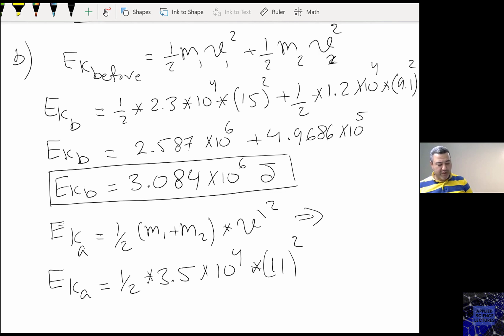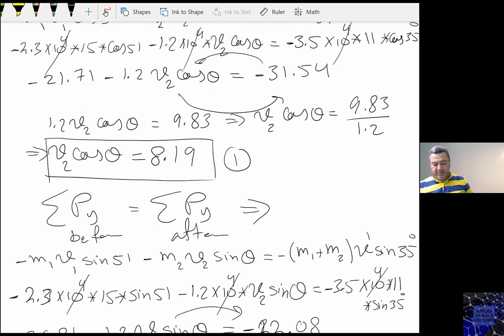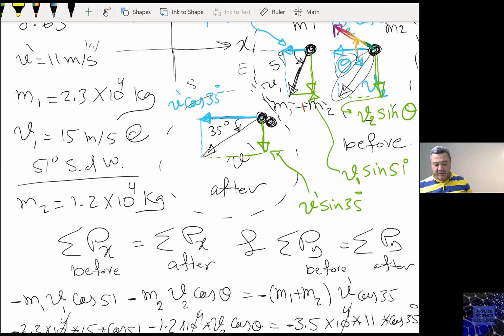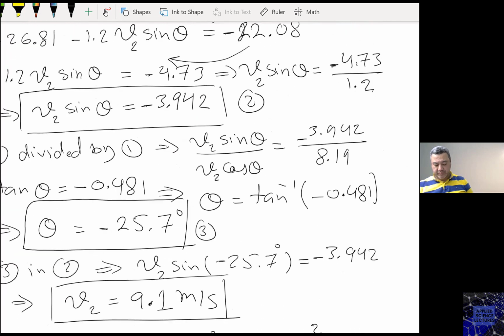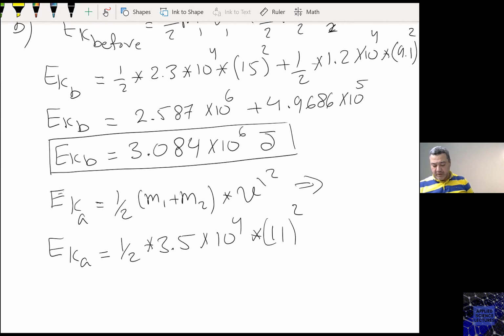Why? Because V prime is 11 meters per second. So EKA is 2.12 times 10 to the power 6 joules.